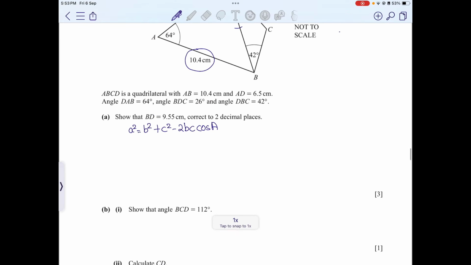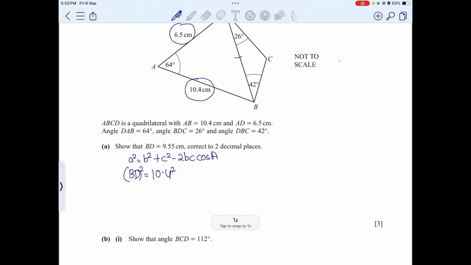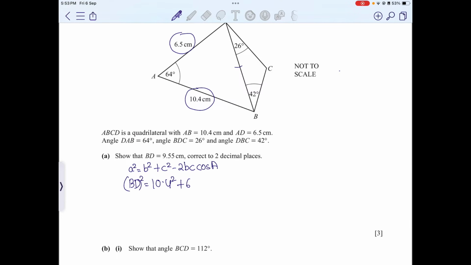So in order to find the square of BD, I would do 10.4 squared plus 6.5 squared minus 2 times 10.4 times 6.5 cos of 64. Then you would simply put the whole thing in your calculator.